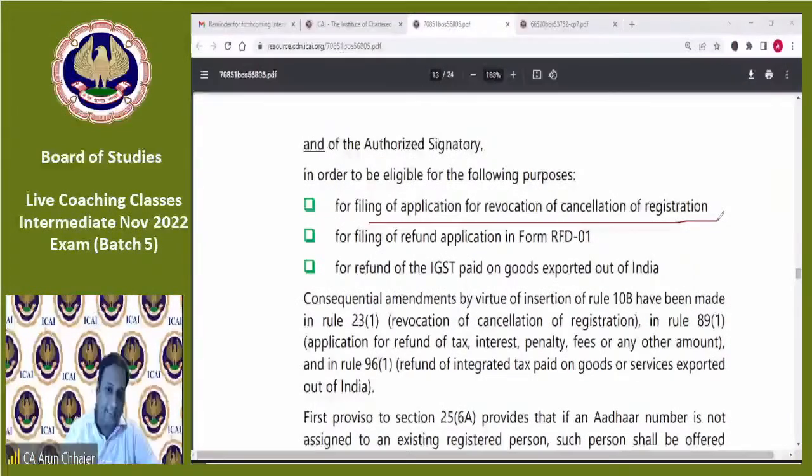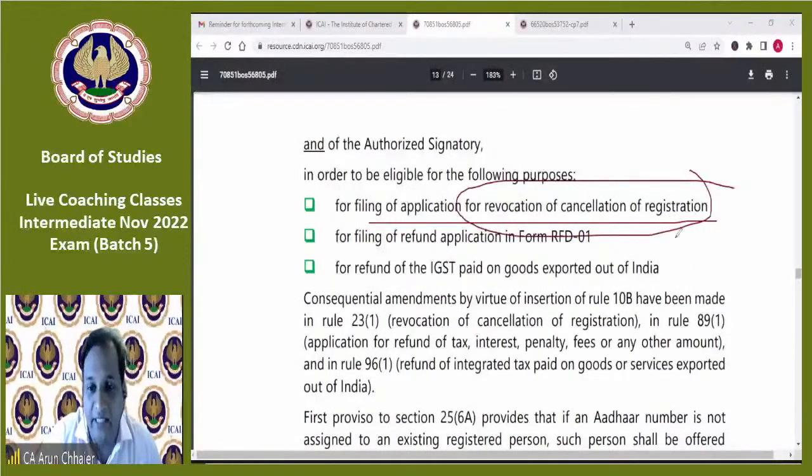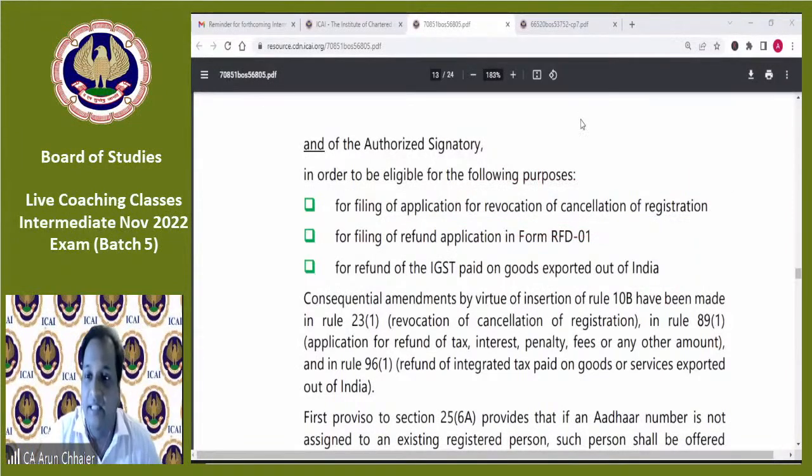One is the refund of accumulated ITC given in rule 89, and second is the refund of IGST paid on the export of goods out of India. First, we will talk about filing of the revocation application. These two parts are covered in the refund chapter, which is in the final syllabus.